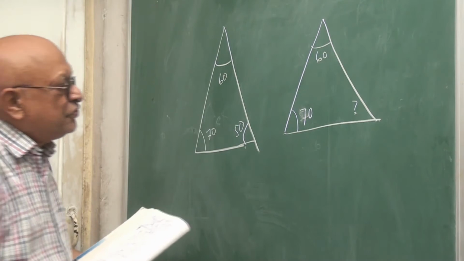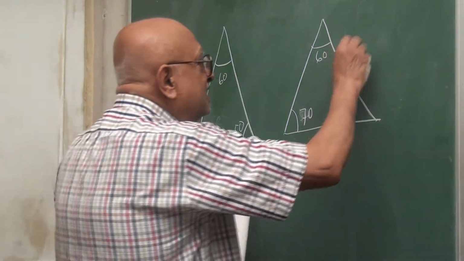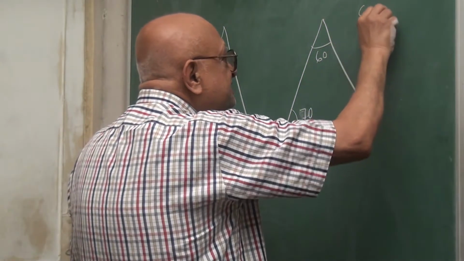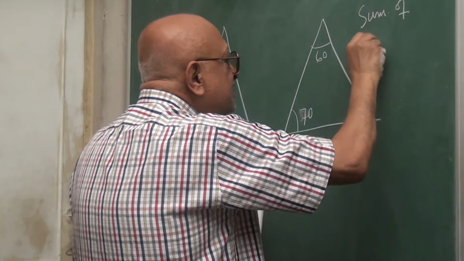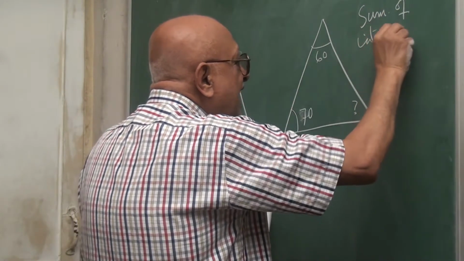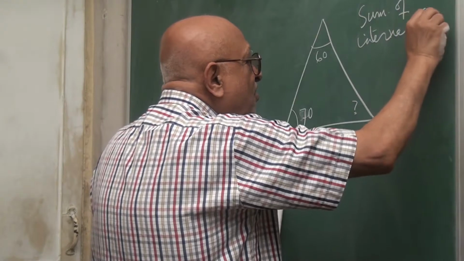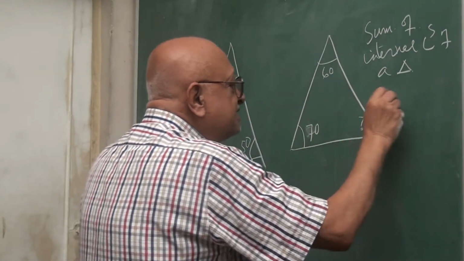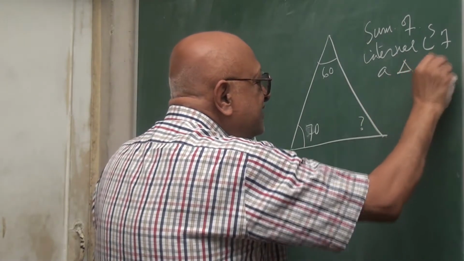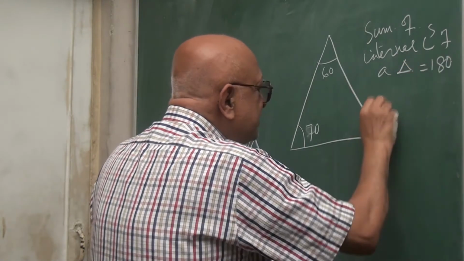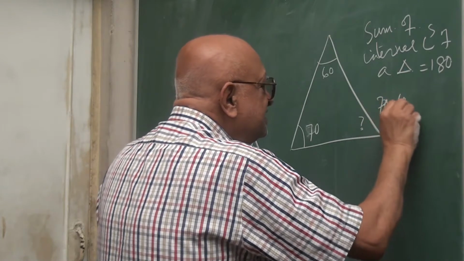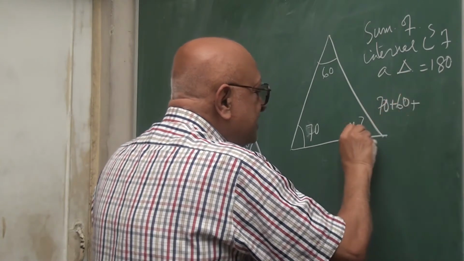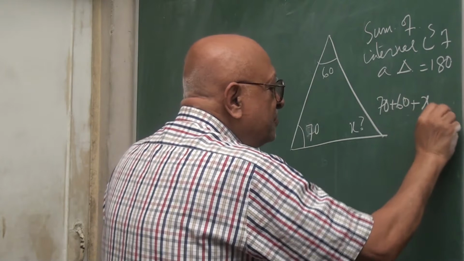So all you have to do is use the sum of internal angles of a triangle, which would be equal to 180. So here 70 plus 60 plus this angle, let's call it x, equals 180.